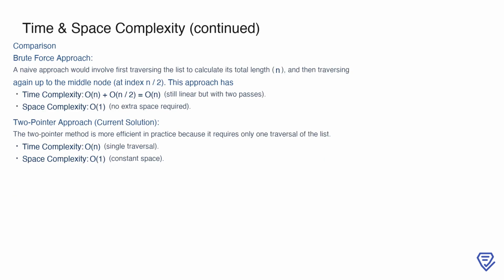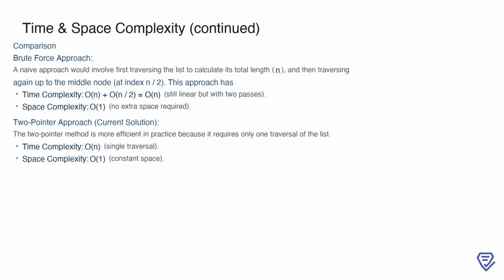To further understand the efficiency of the two-pointer approach, let's compare it to a brute force solution. A naive method would involve 2 separate traversals of the list, first, to calculate the total length n, and second, to find the middle node at index n/2. While the time complexity of this approach is still O(n), since it involves O(n) for the first pass and O(n/2) for the second, it requires 2 separate traversals.